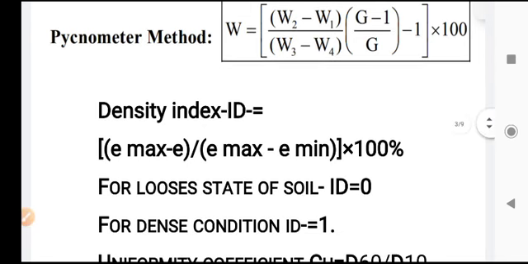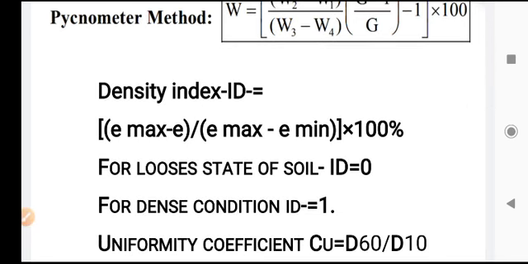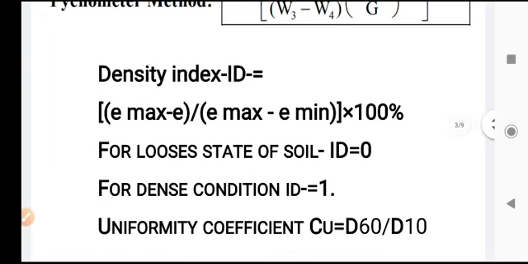Now density index. Density index is defined as the ratio of (e_max minus e) by (e_max minus e_min) into 100%. e_max is maximum void ratio, e is natural void ratio, and e_min is minimum void ratio. For loosest condition, I_D equals 0, where I_D is density index.